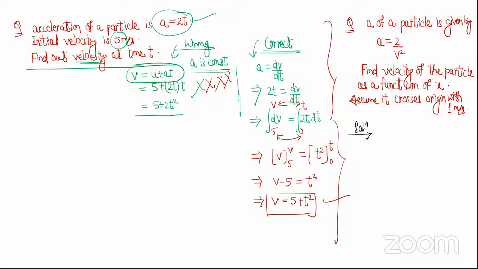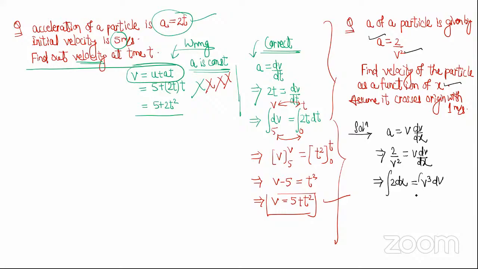So let me see. The question is about a and v and x. So I will use the formula a equal to v dv by dx. Okay. So he has given a. So let me put the value of a. It is 2 by v square equal to v dv by dx. Now let me separate the variables. 2dx equal to v cube dv.